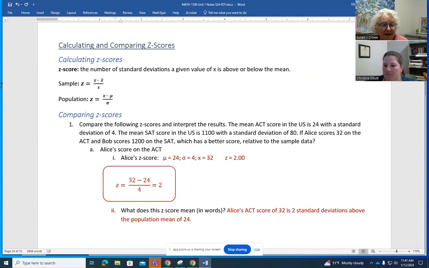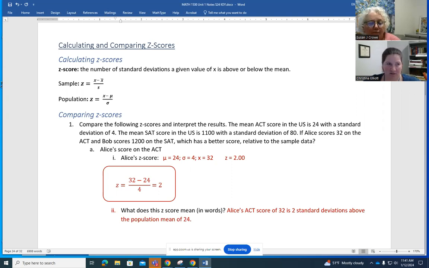This is going to be a relative standing based on means and standard deviations. The mean, and the standard deviation, which tells you how spread out your data is. A Z-score is also called a standard score.